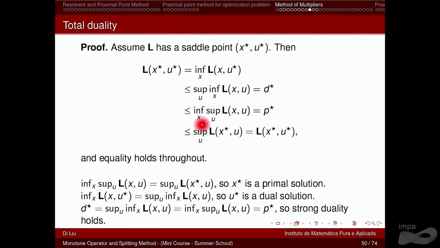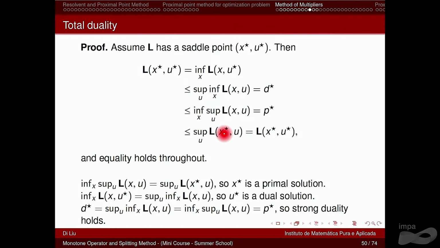So we use the weak duality here. We get D star is less than P star, and P star is just the inf in x, sup in u, of L(x, u), and this is less than, for a fixed x star, because here you take the infimum of x for any x.